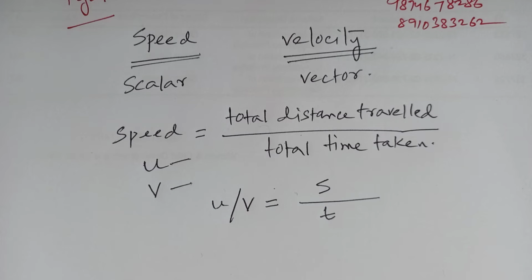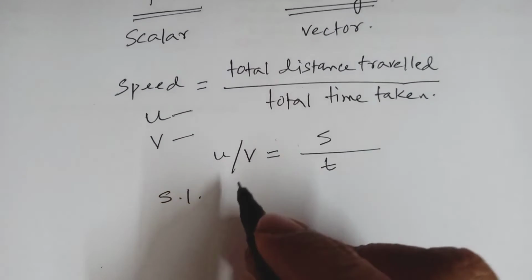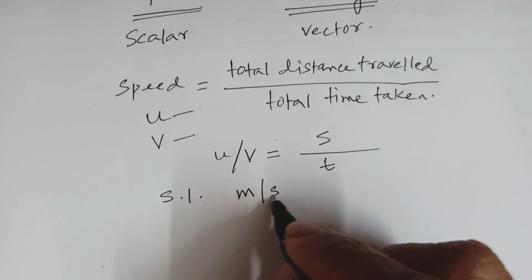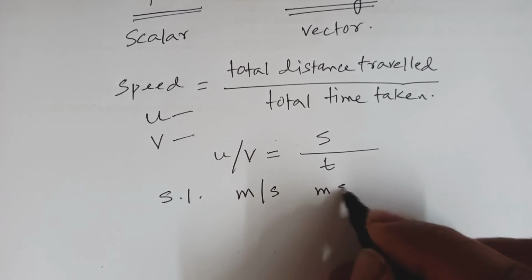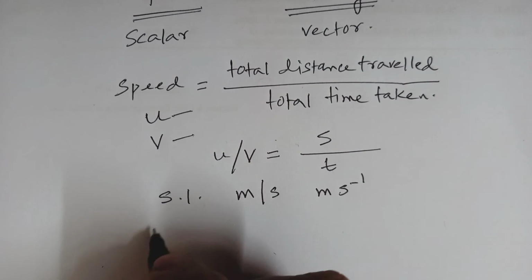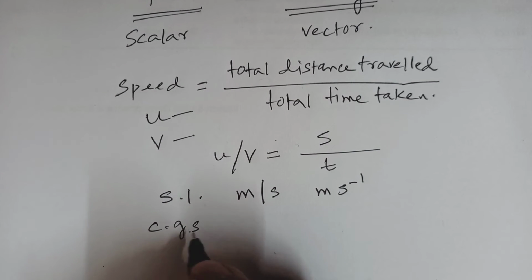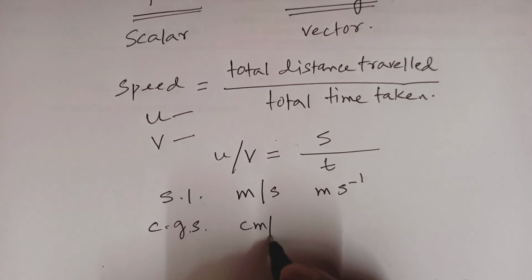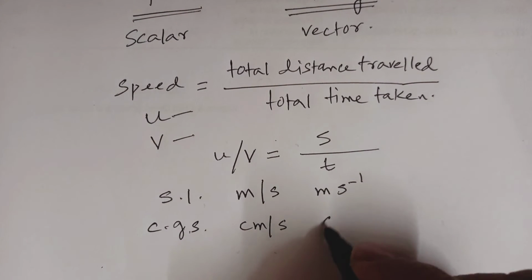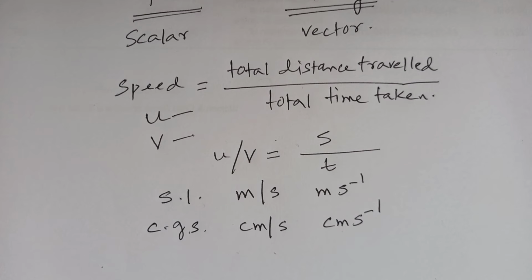And what is the unit of speed? The SI unit is meter per second, and the CGS unit is centimeter per second.